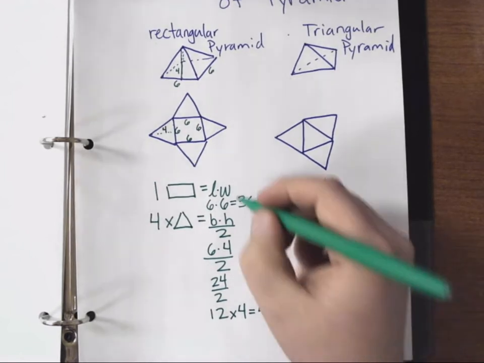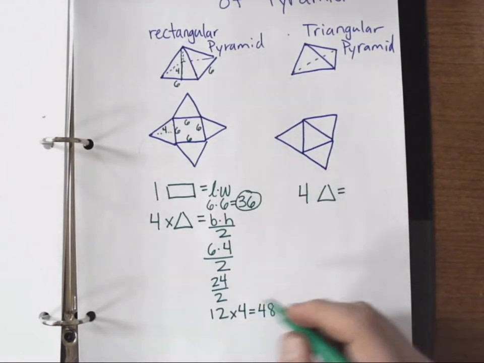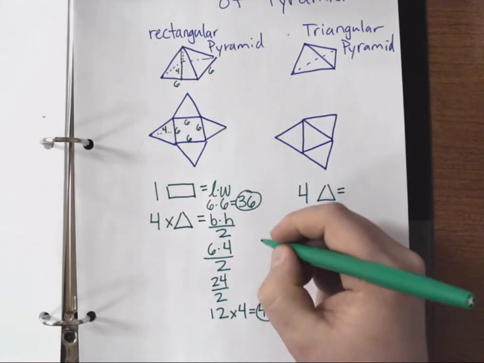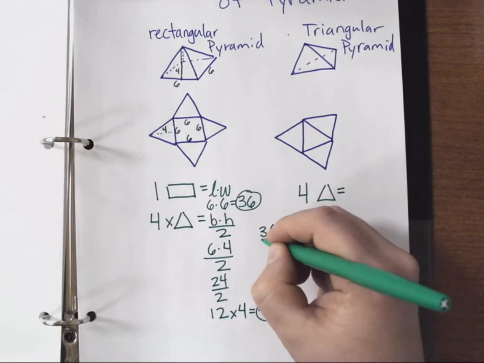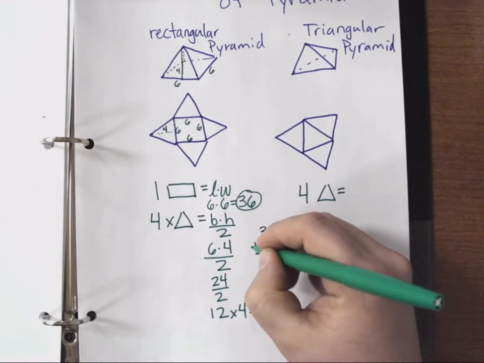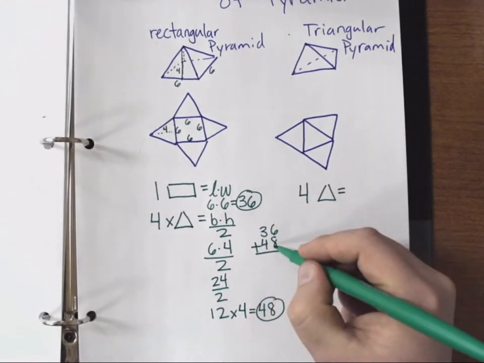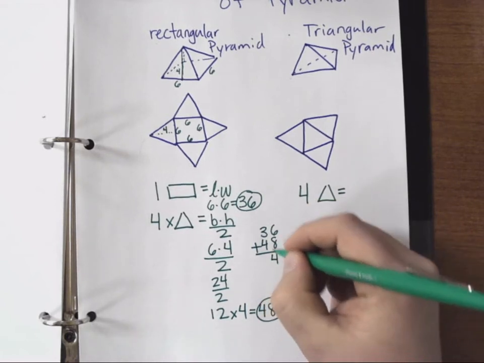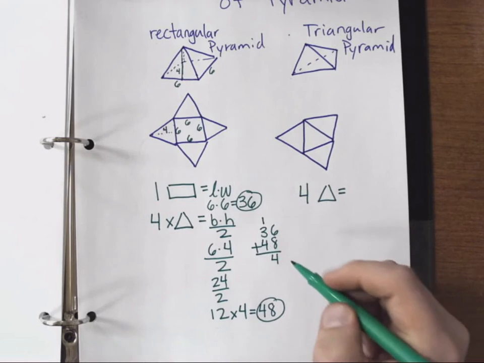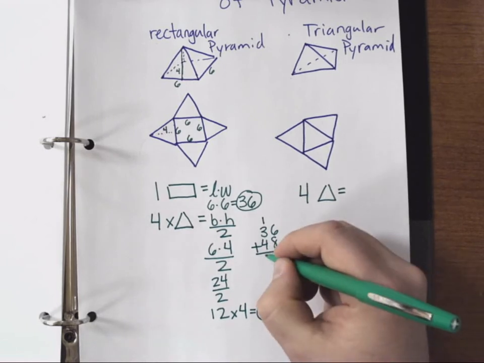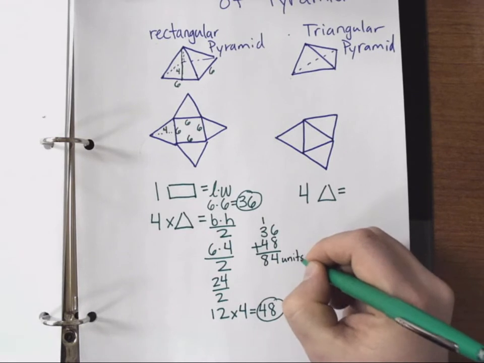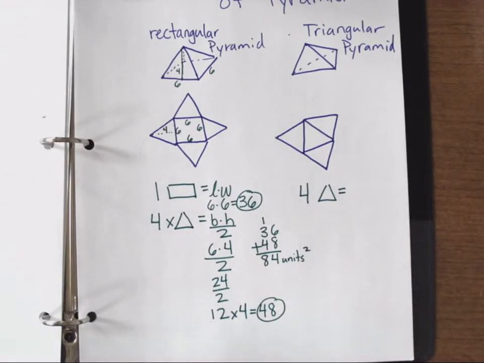So now I need to add the area of my base and the area of my 4 triangles. So 36 plus 48 gives us 84 units, still squared because we are talking about surface area, not volume.